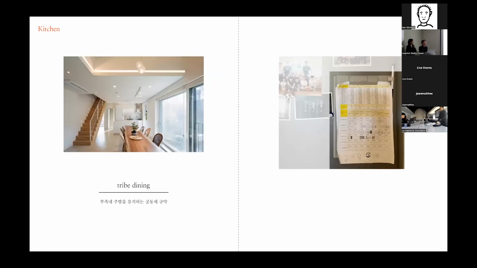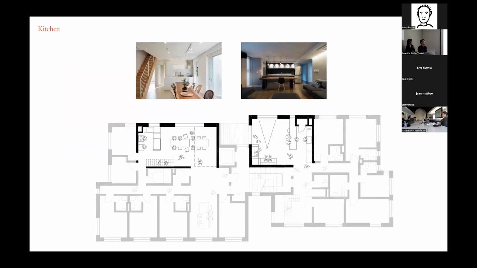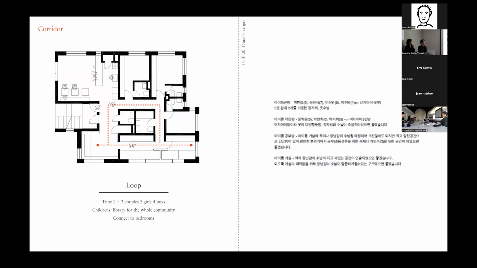So on the right, you can see how they do it. So this one was taken after the construction. And the corridor was another issue because this is tribe 2, the north flat, and we had 3 couples, and their children were 4.